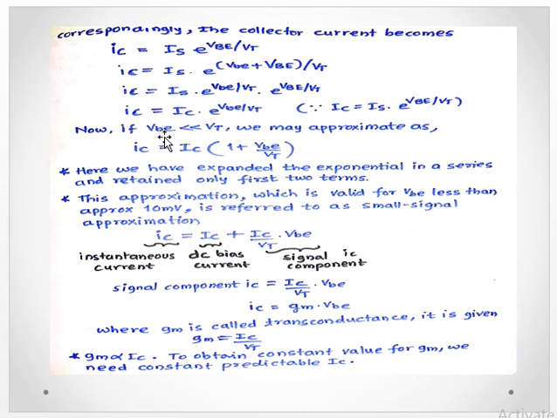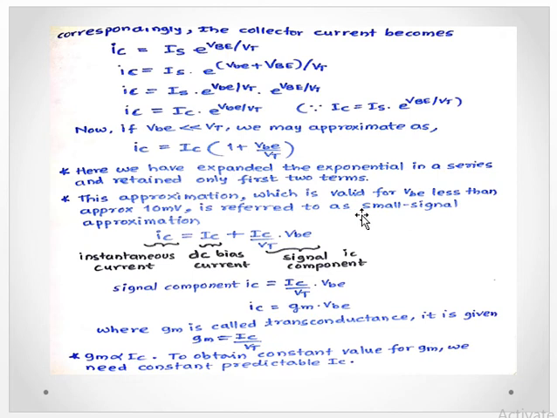Now if vbe is very much less than VT, we may approximate it as iC equal to IC times 1 plus vbe by VT. We are neglecting the remaining terms and considering only the first two terms. Here we have expanded the exponential in a series and retained only the first two terms.